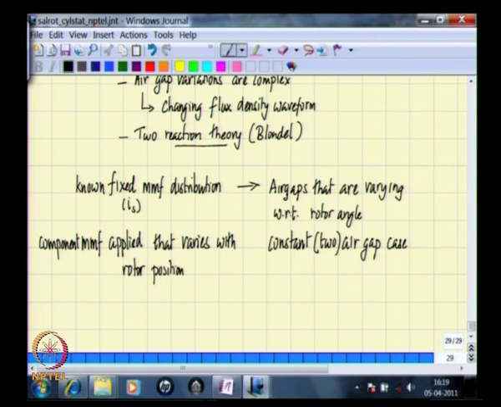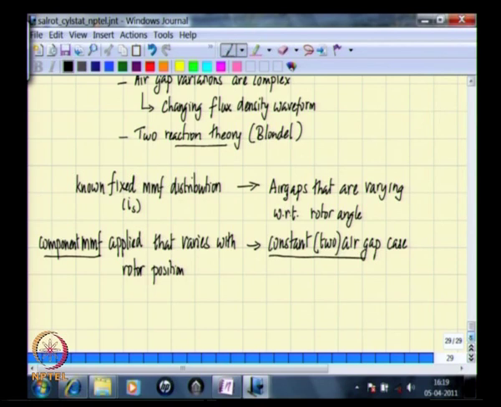Now, since we are considering sinusoidal MMFs, it is easy to determine what the MMF components are, and since they are now applied across constant air gaps, we can then arrive at flux density distributions and then do the integrations that we need to do.